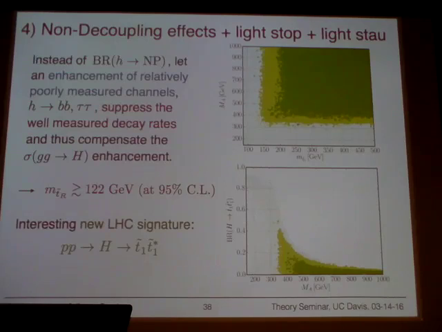Of course, I don't know if this is really promising, because you can also directly produce the stops, but we found it interesting. There's a paper by John Tillich from some time ago where it talks about Z prime production of superpartners, and you can really make a lot of use if you have a narrow resonance.